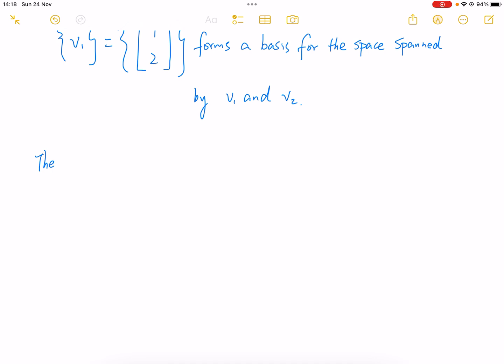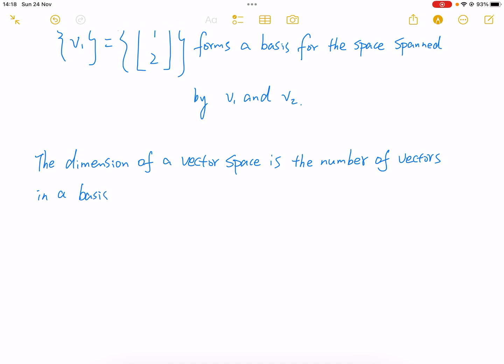So we need to know the dimension of a vector space is the number of vectors in a basis for that space.